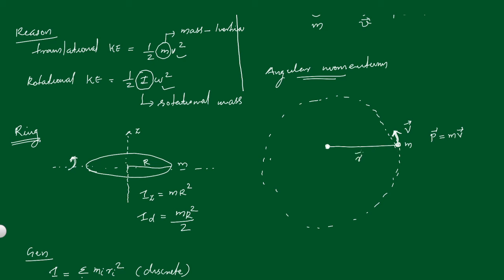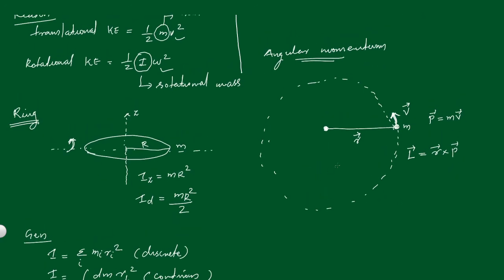Then angular momentum L is defined as L equal to R cross P. So here also the angular momentum is a vector quantity, and this angular momentum is called moment of momentum.